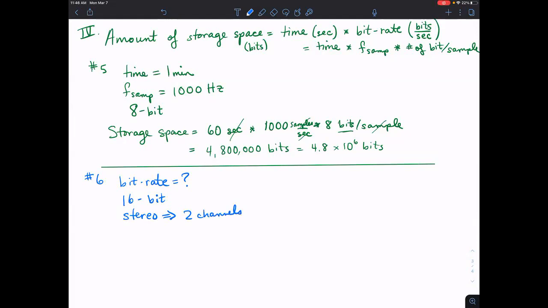And so a 16-bit stereo signal sampled at 32 kilohertz. That's our sampling frequency. So the bit rate is going to then be the number of channels times the sampling frequency times the number of bits per sample.